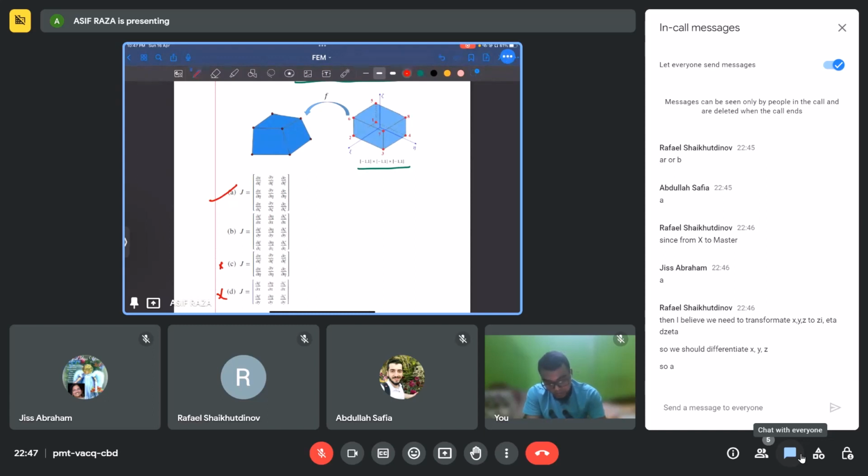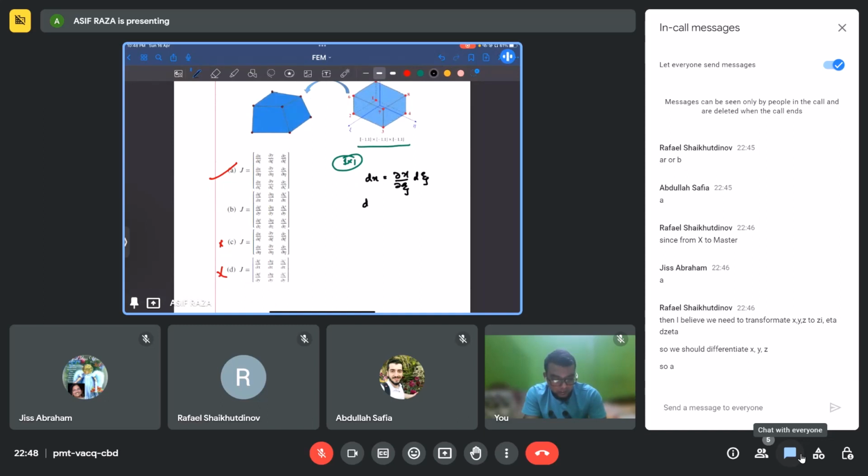Let's see. First thing first, if it has been a 1 by 1 coordinate system, it would be dx equal to dou x by dou xi dxi, right?